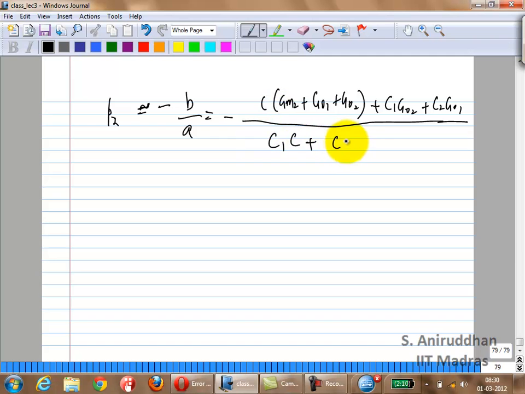C1C plus C2 plus C1C2. And I'm also going to write this in a slightly different way. What I'm going to do is divide numerator and denominator by C1 plus C.